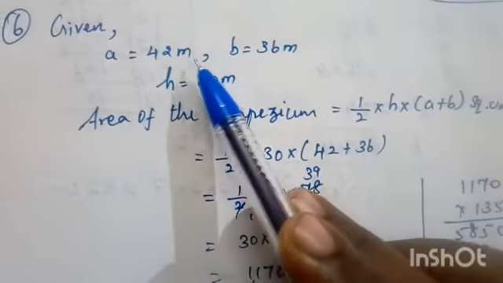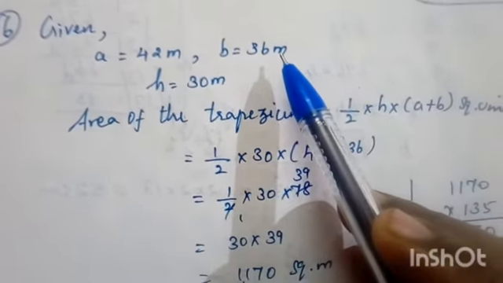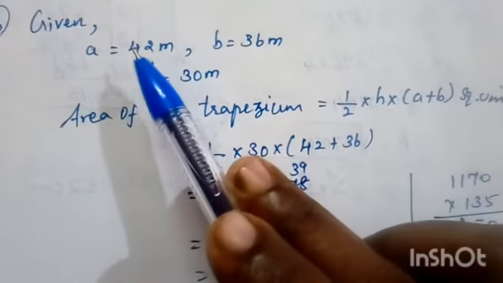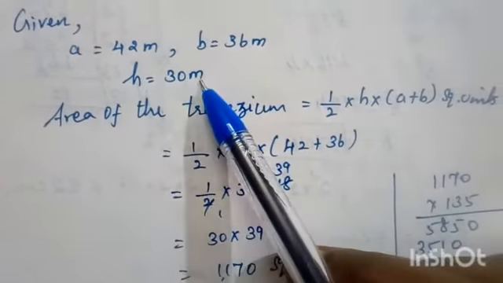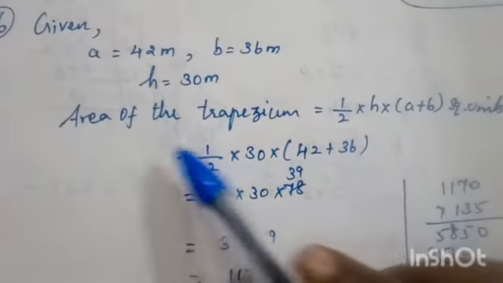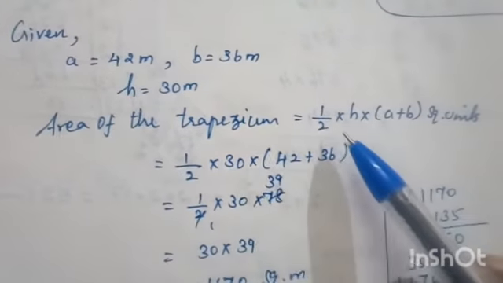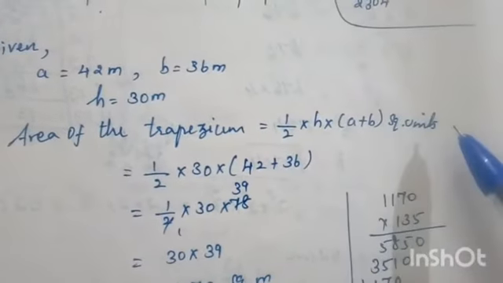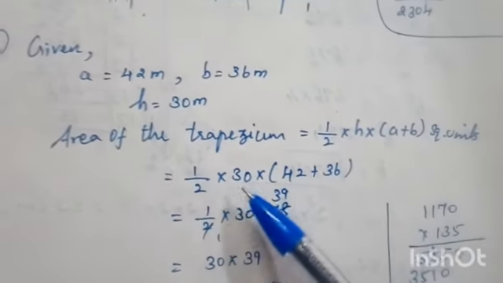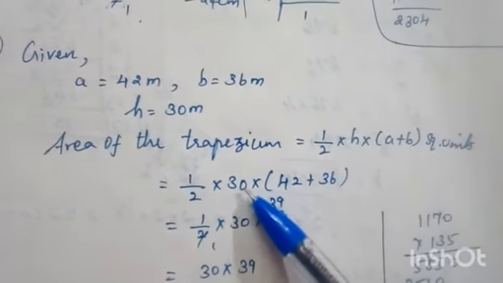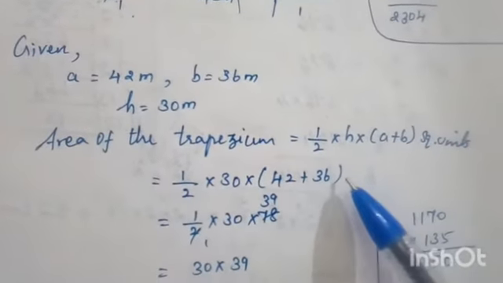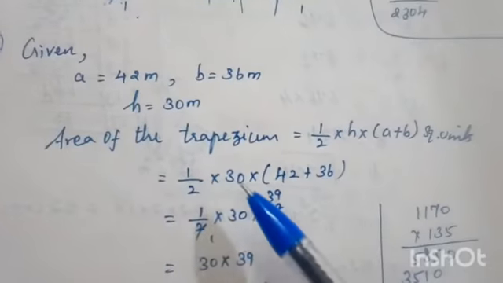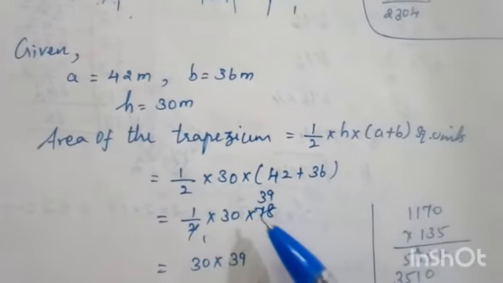Given A equals 42 meter and B equals 36 meter, the parallel sides. The height between the parallel sides is 30 meter. Area of the trapezium equals half into H into A plus B square units. So that is half into 30 into 42 plus 36, and 42 plus 36 is 78.